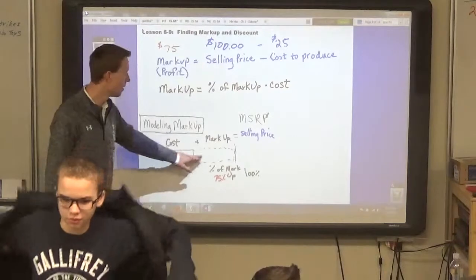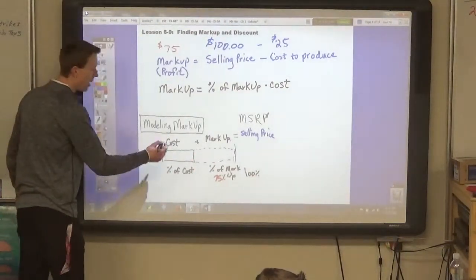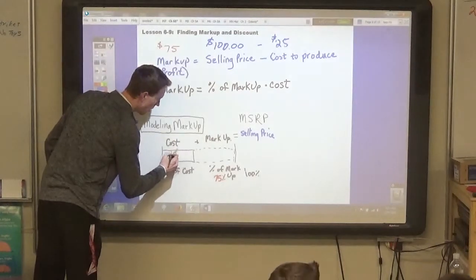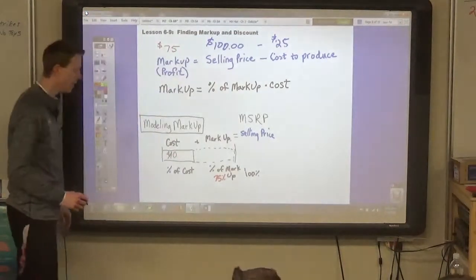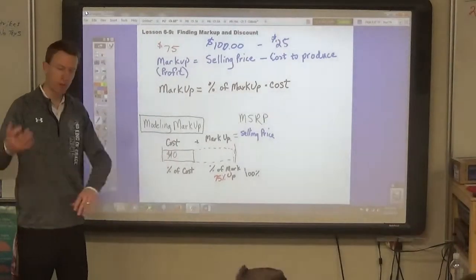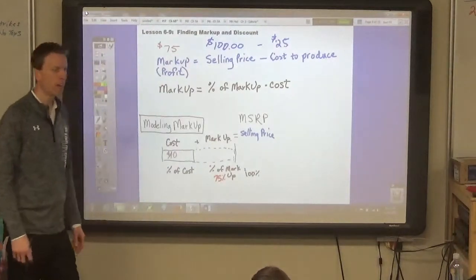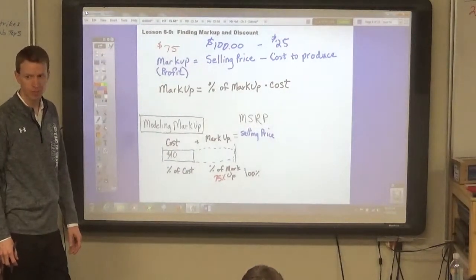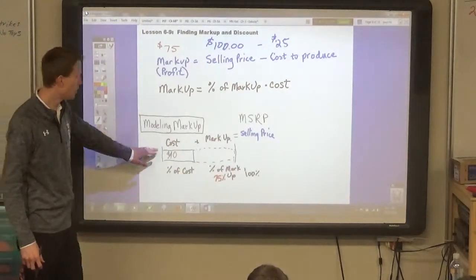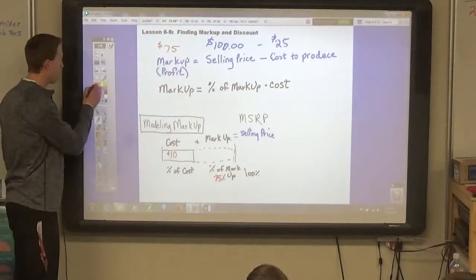So that's a model for markup. So let's say that somebody buys a product and it costs $10 to them. Either $10 to make it or $10 to purchase it from another company that made it. And they're going to mark it up 75%. So, what is the additional amount then that they're marking it up?